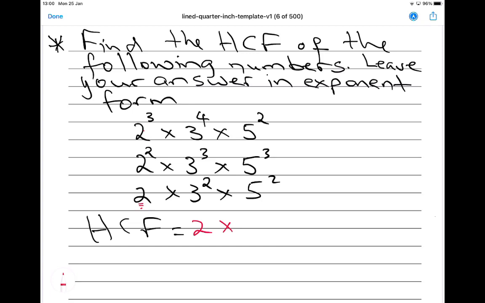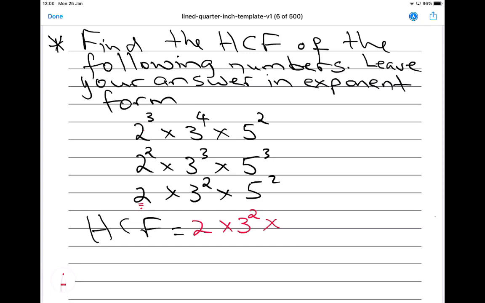So what's found in all of the 3? Obviously, that will be 3 squared, because in the third number, we do get 3 squared. In the second number, there is a 3 squared as well, because that is 3 cubed. Now, 3 to the power of 4 obviously means 3 squared is there already as well. So you will understand then that 3 squared is common.